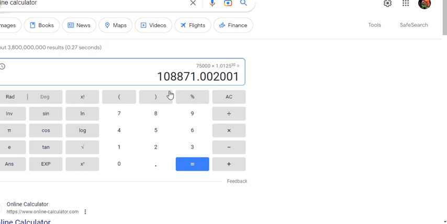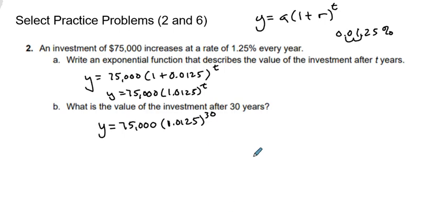And holy cow, look at that, right? So just by letting it sit and not doing anything, the value of that investment is $108,871 and 0.02 of a cent, but we'll just call that 108,871 on the nose. All right, so the value of this is 108,871 after 30 years.